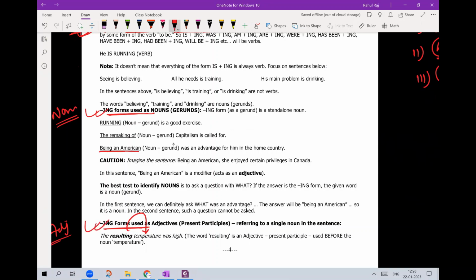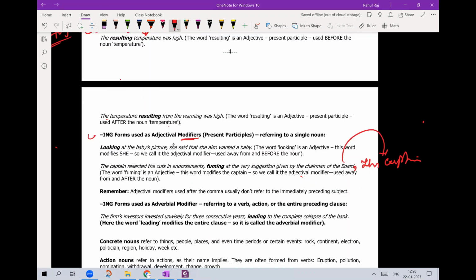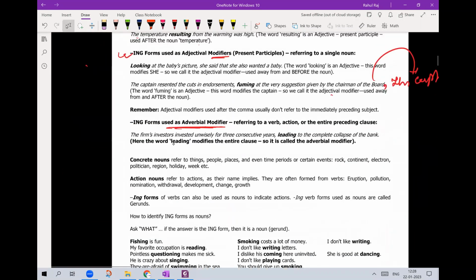Ing form used as an adjective, it's very clear. Ing form used as a modifier, this is also very clear. Now come down to the adverbial modifier, something which is really, really important. Please tell me, first of all, what is an adverb, by the way? Something you add to a verb, meaning something that modifies a verb. Adverb means add something to the verb, something that modifies the verb.